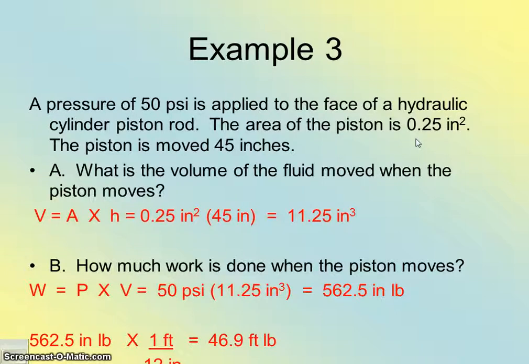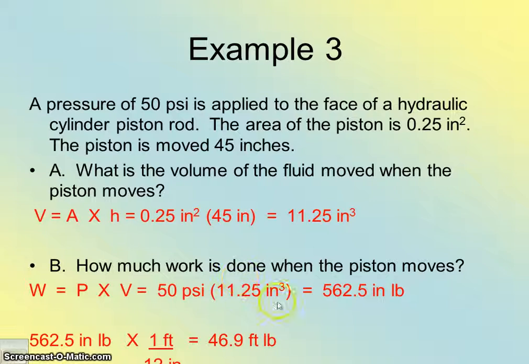That's your area. You multiply it by how long the piston moves, in this case 45 inches. So how much is that cylindrical space? You can take the 0.25 square inches, multiply it by 45 inches, and here you get your volume, and then 0.25 cubic inches. So that's the whole space. It's round but long. That's a cylinder. That's what that whole space is.